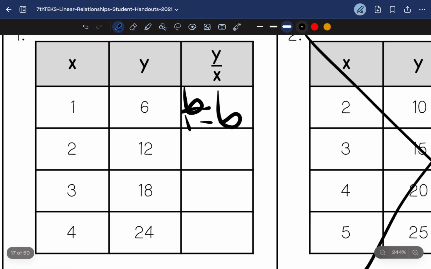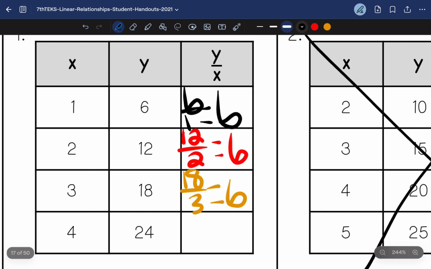And then this next ordered pair is 2, 12, but we are going to set it up as 12 over 2, which if we divide that, it simplifies to 6. The next one is 18 over 3, which simplifies to 6.